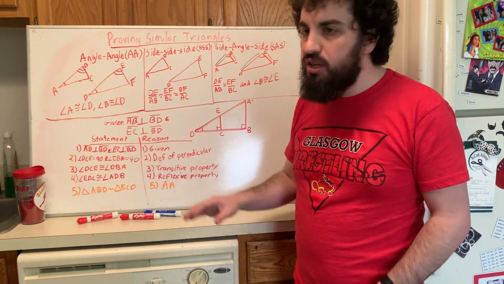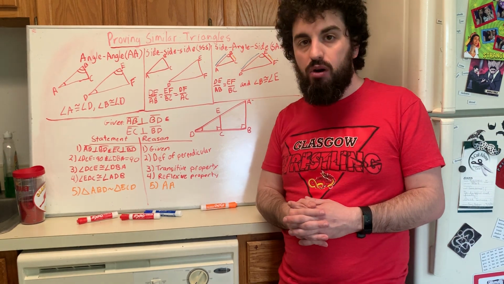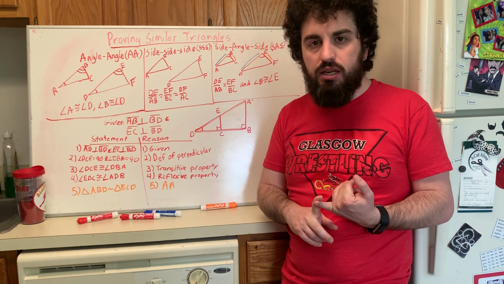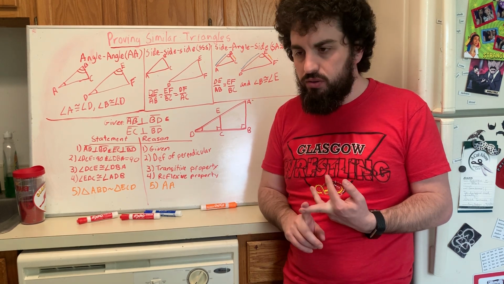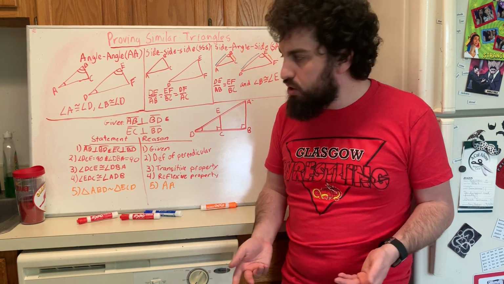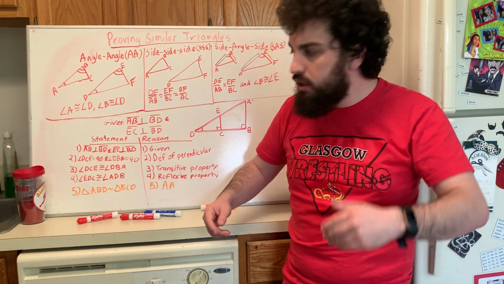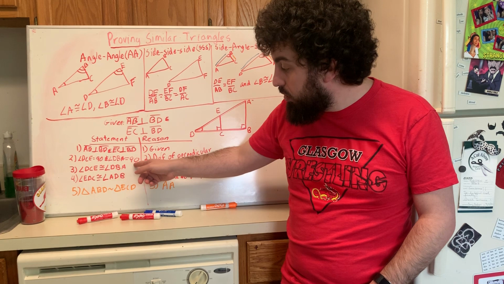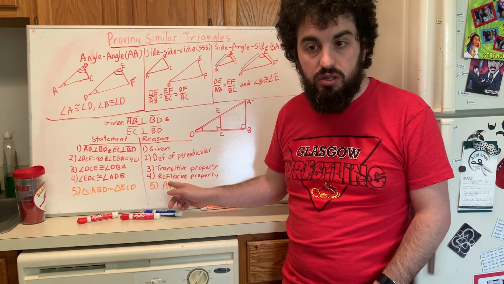So the statements and reasons, almost think of it like writing a paper. If you did not include any supporting evidence, if you did not have a conclusion, if you did not have an opening statement, you really didn't write much of a paper. We need an opening statement. What do we know? Then we start making our claims and providing evidence.